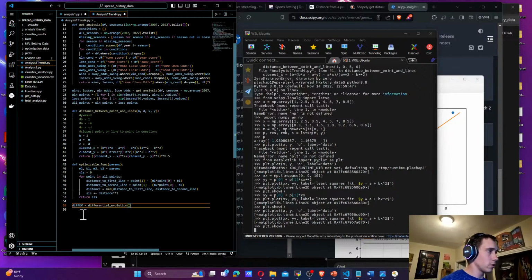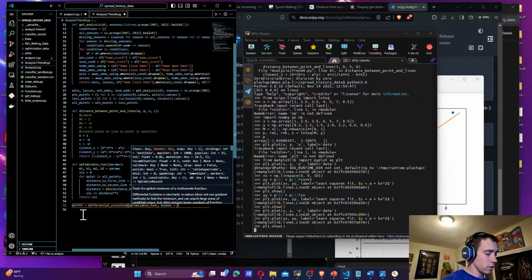Differential evolution. From bounds is equal to, now the bounds on M1, what's the max it could be?